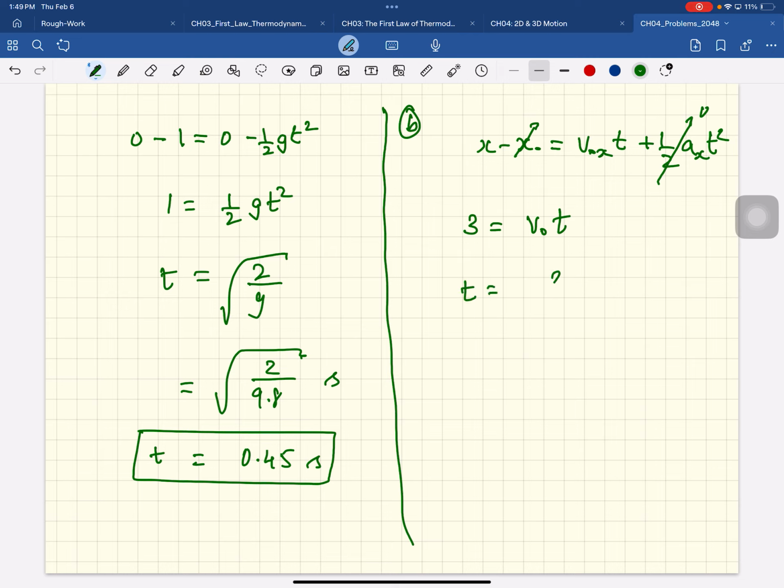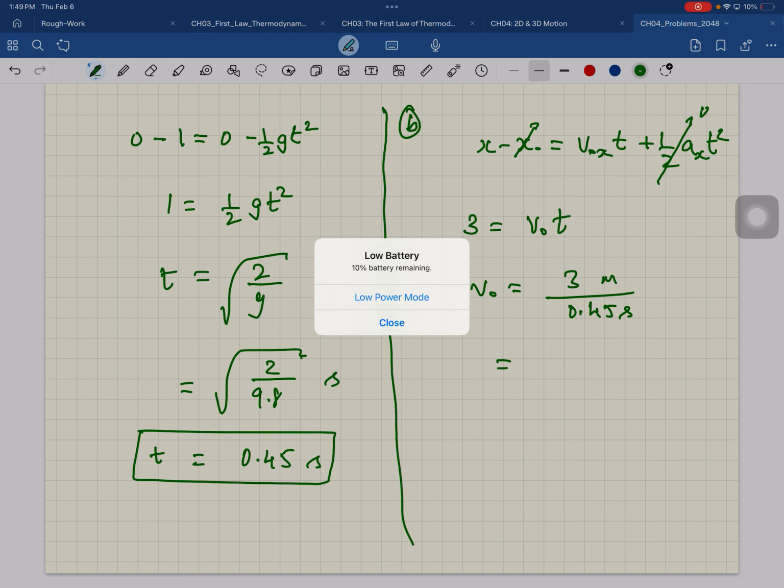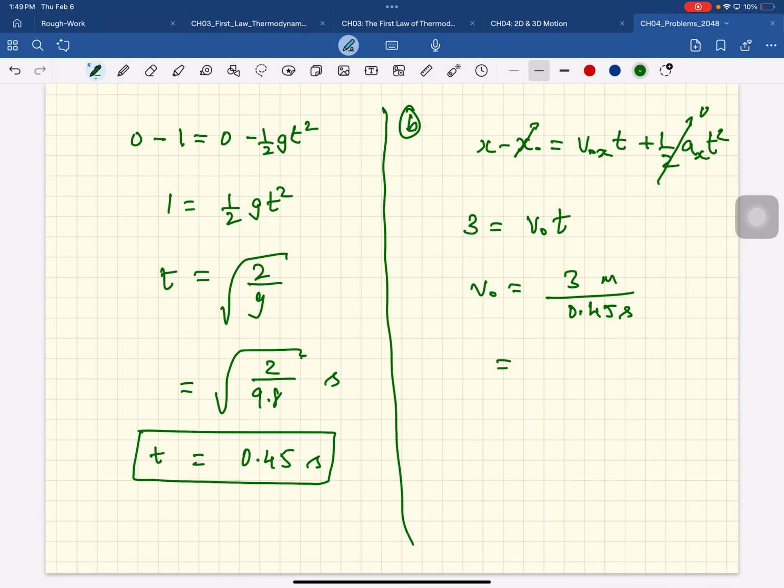So 3 meters equals v naught x times t, where t was 0.45 seconds, which gives 6.64 meters per second.